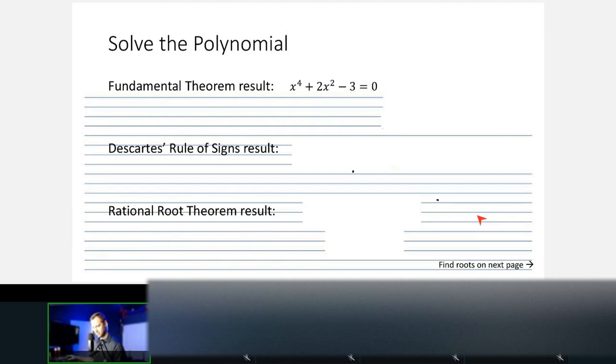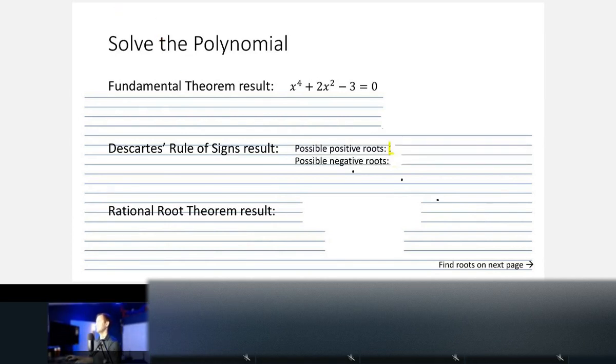All right, what did everyone get for the Descartes' rule result? 1 and 1. Yeah, I agree. Yep, should have got 1.